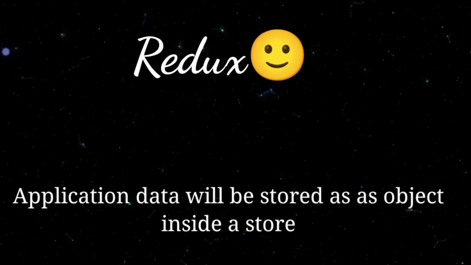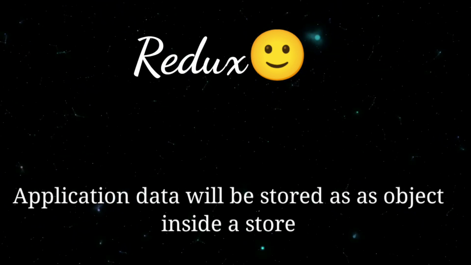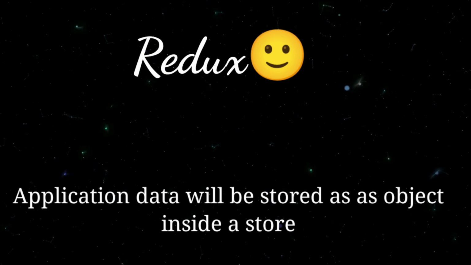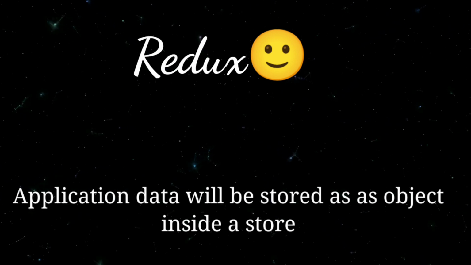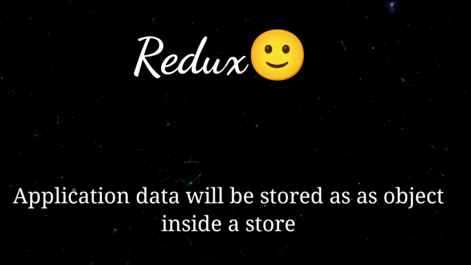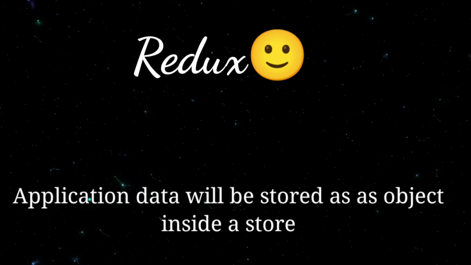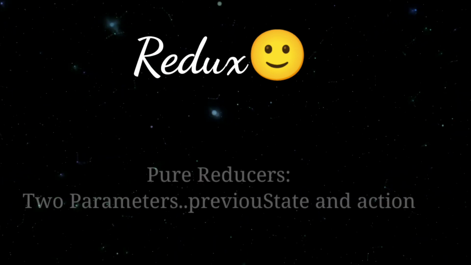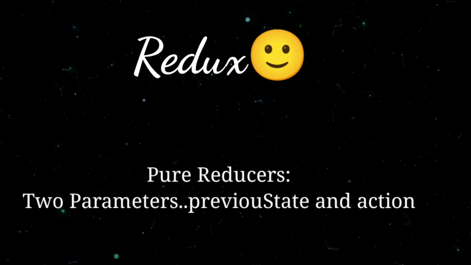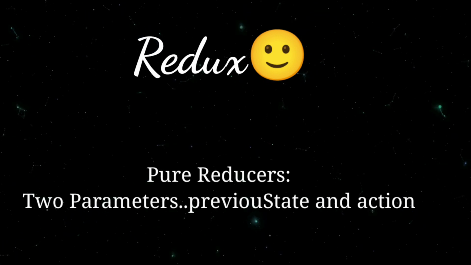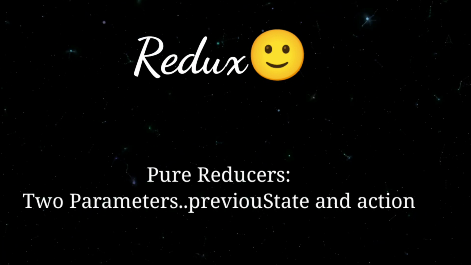We will be writing pure reducers. In the principles section, we understood pure reducers, and these pure reducers take two parameters: the previous state and the action which the user has performed. Based on the action type, the reducer returns the new state.